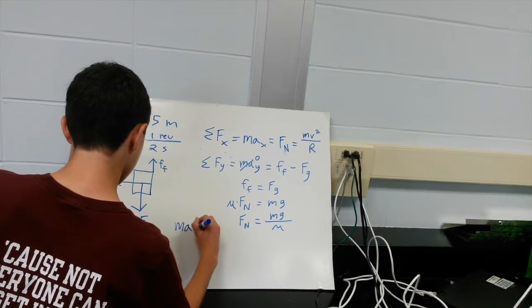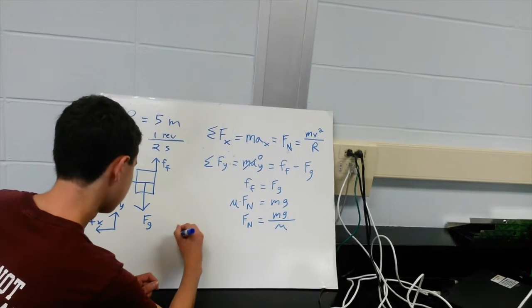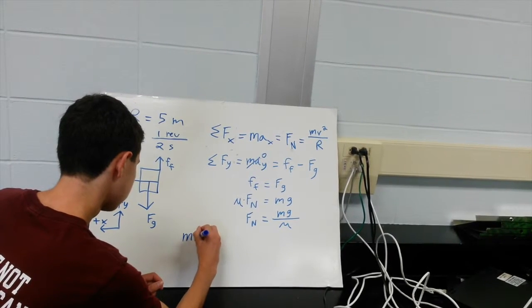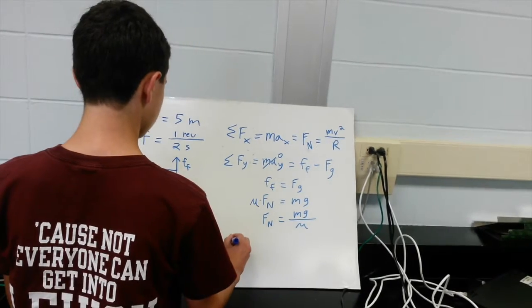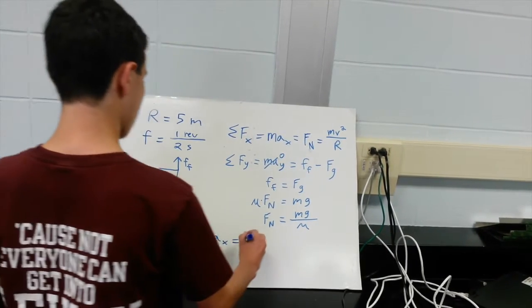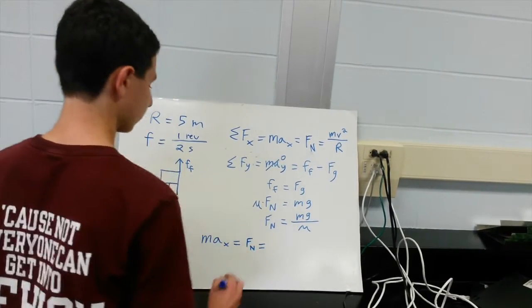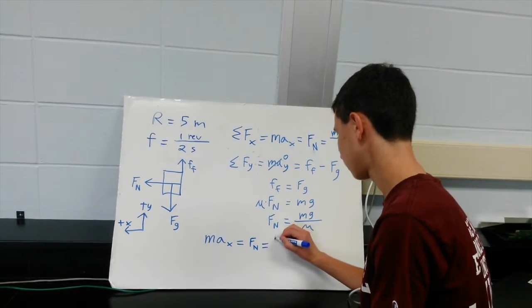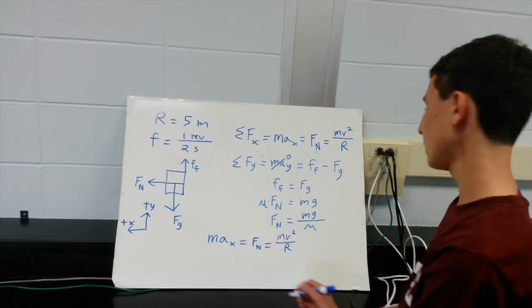Okay, so now we're just going to rewrite our sigma F in the X direction statement. We know that the normal force equals our centripetal force, and now we can substitute in what we know the normal force is equal to. That's our next step.